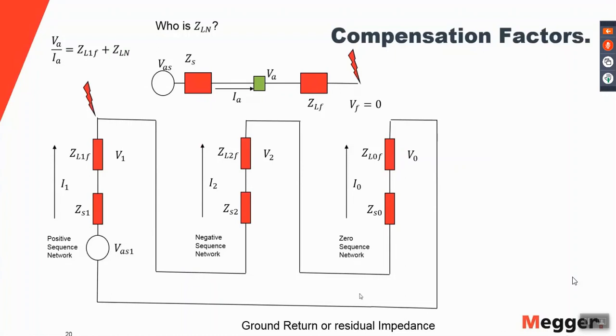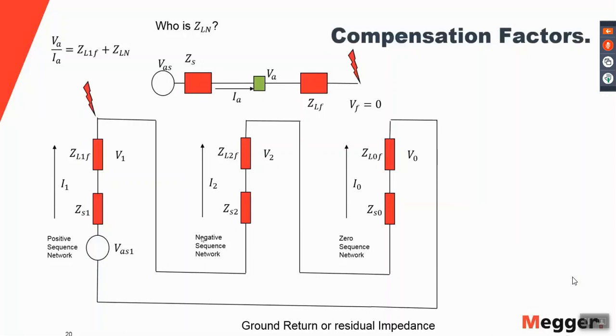circuit, which in this case, since the voltage at the fault is 0, we are simply connecting the three networks in series. Here we have the positive sequence network with its positive sequence current and the impedance, and we also have the voltage at the source and the positive sequence impedance of the source.